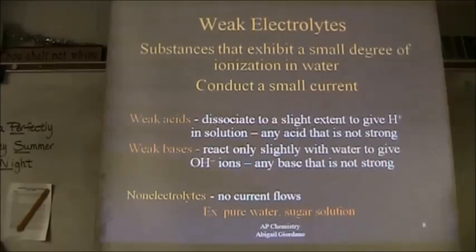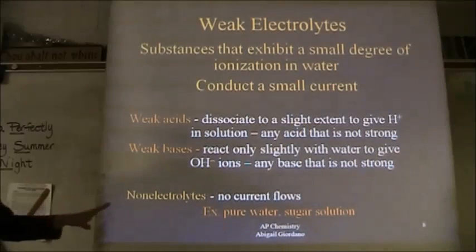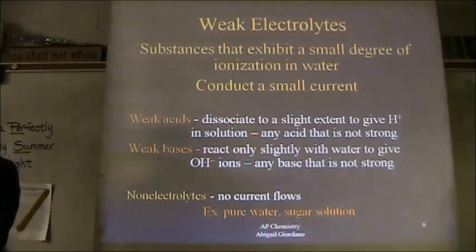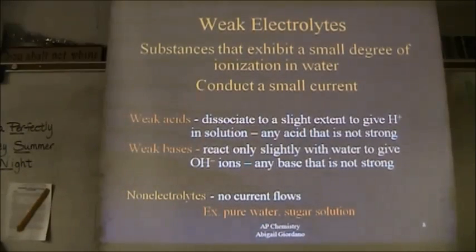But there are so few that I'm not even going to call it a weak electrolyte. Okay, tap water is like the weakest of the weakest electrolyte. You're not going to see it light up a light bulb. Okay, but when I say pure water, what I really mean is deionized water.